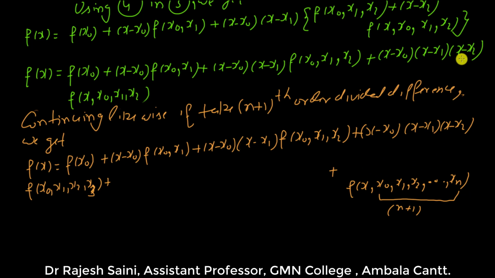Look, those product terms are up to x naught x1 x2 xn. So the product term will contain x minus x naught, x minus x1, x minus x2 up to x minus xn. Fine. So this will be the last term containing the variable quantity.